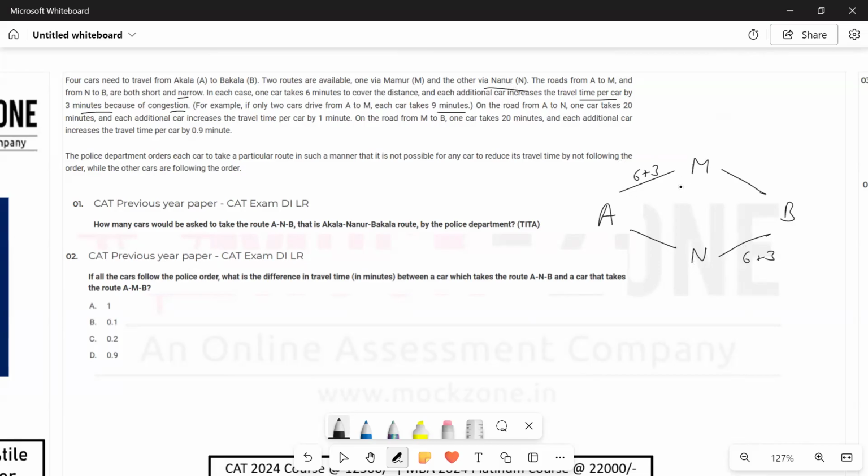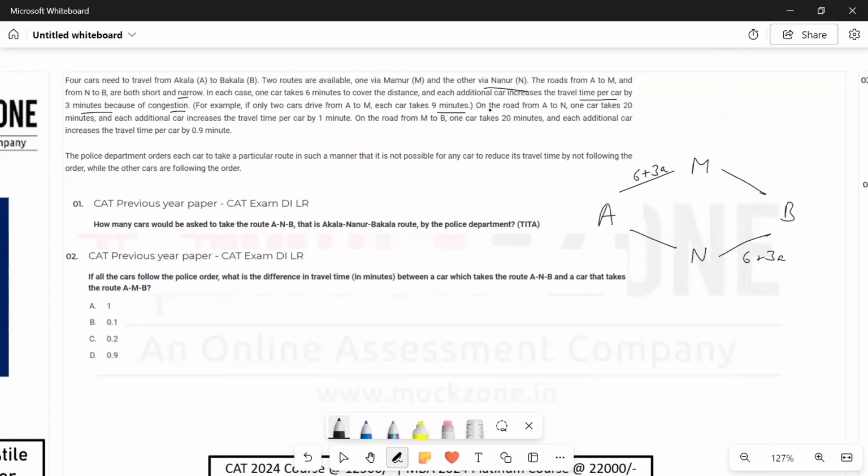So if two cars are traveling from A to M, it will take 9 minutes for each car. If three cars are traveling, then it will be 6 plus 3 into 2. So it will be 6 plus 3A. So 6 plus 6, 12 minutes will take for each car if three cars are traveling over here.